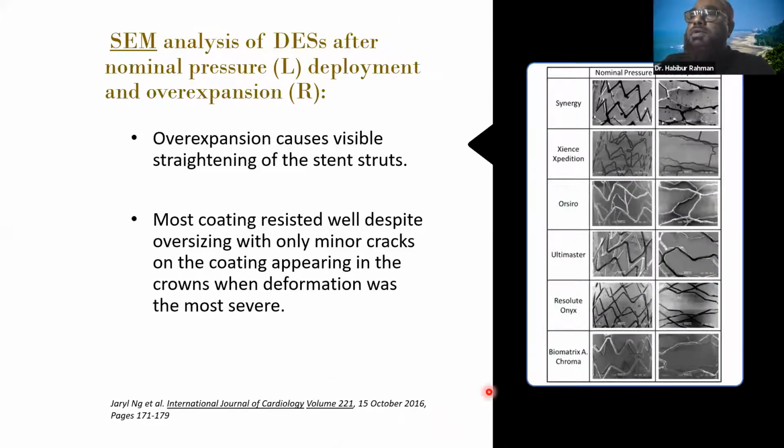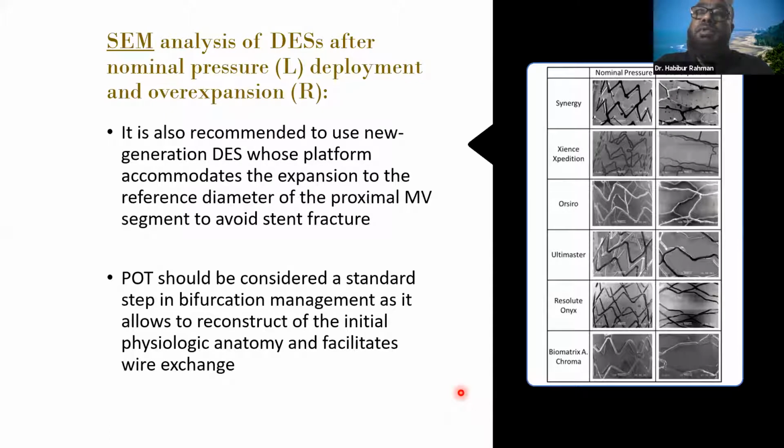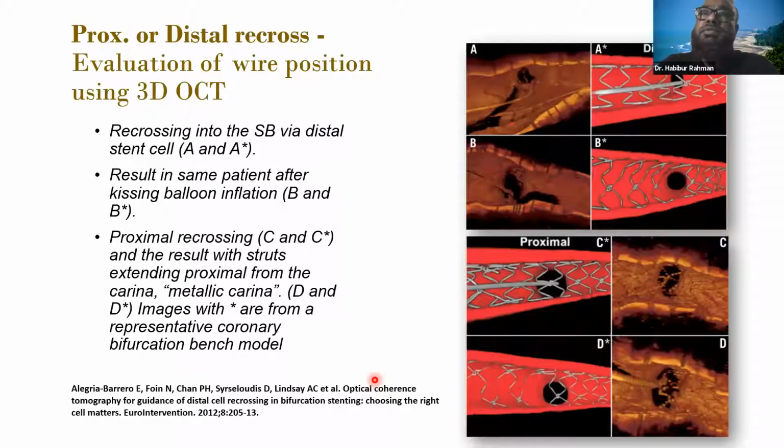And also, as there is polymer, distortion of the polymer should not occur significantly. That should be kept in mind while choosing a stent. It is also recommended to use a new generation DES whose platform accommodates the expansion to the reference diameter of the proximal vessel, and POT is mandatory to match the proximal diameter.